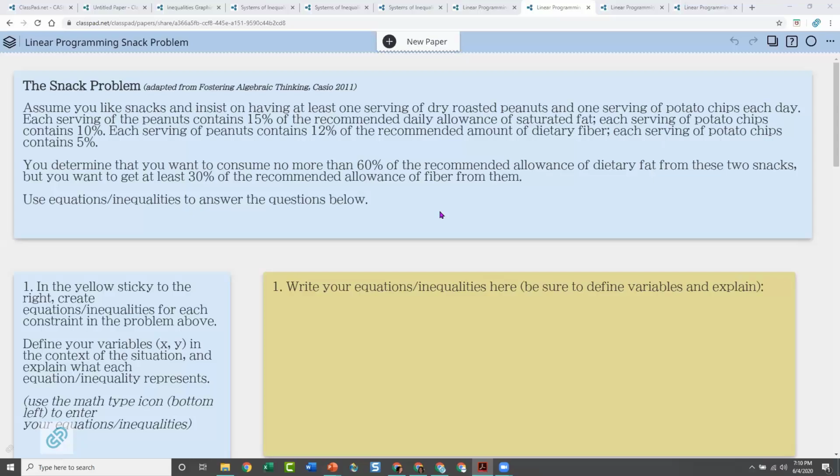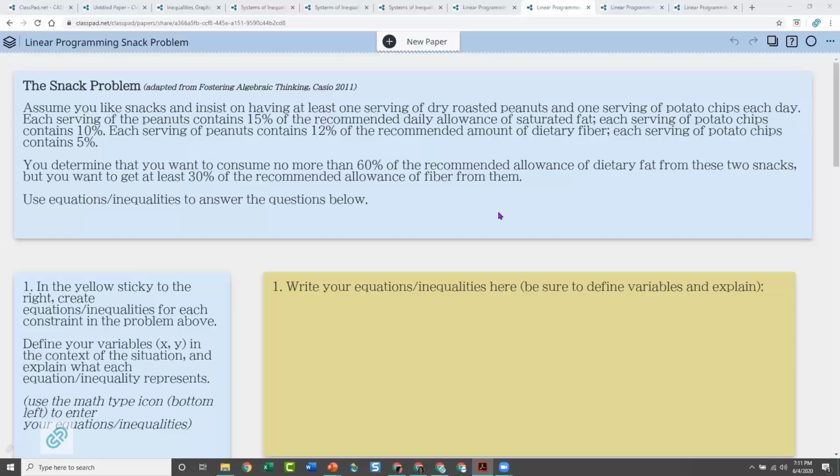Peanuts have 12% fiber, and potato chips contain 5% fiber. You have to consume no more than 60% of the recommended fat, which seems like a lot, and you want at least 30% of the recommended fiber, and you have to have at least one serving of peanuts and potato chips every day.